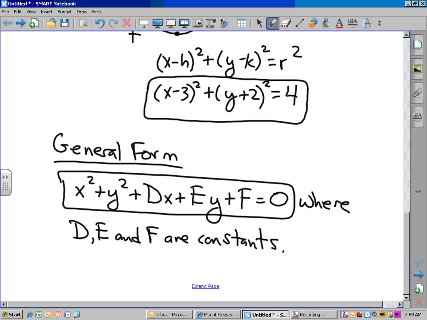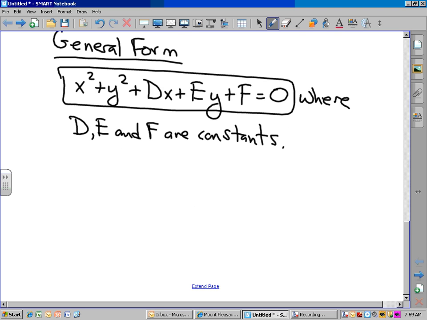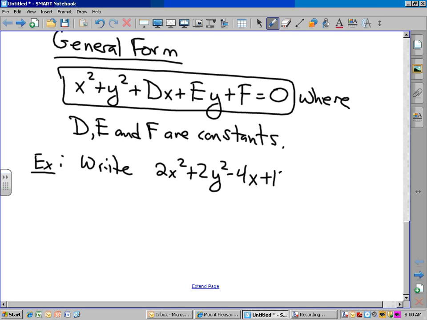So we're going to do that. 2x squared plus 2y squared minus 4x plus 12y minus 18 equals 0 in standard form.